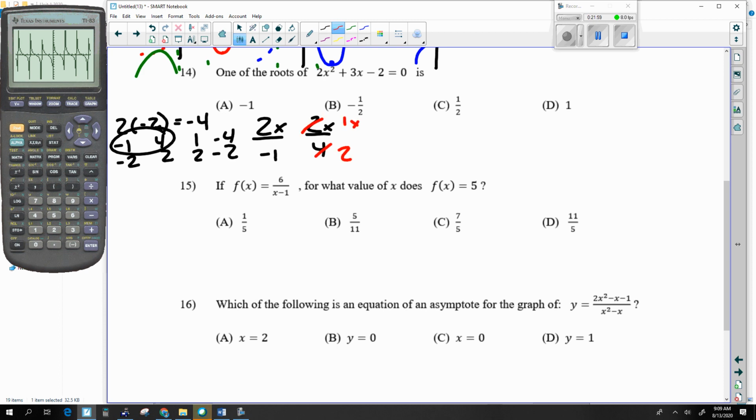And so this is a 2x minus 1, x plus 2, and we are looking for roots, aka equal to 0. So the roots of this would be +1/2 or -2.